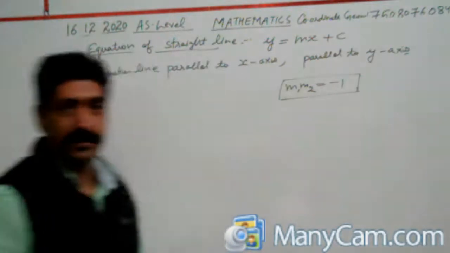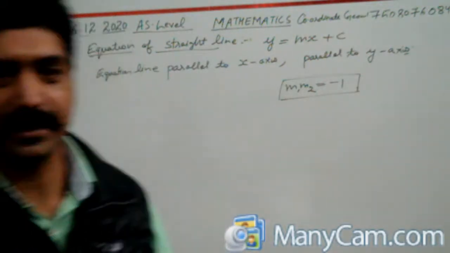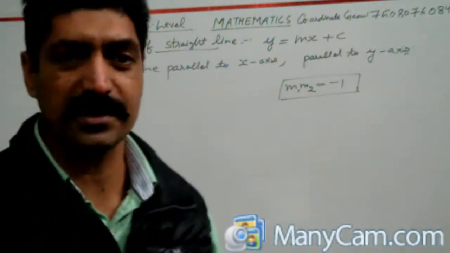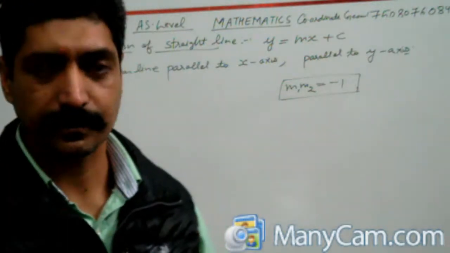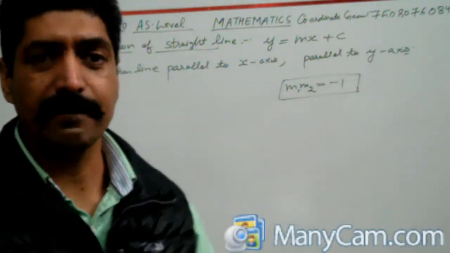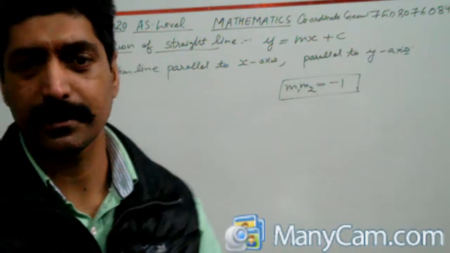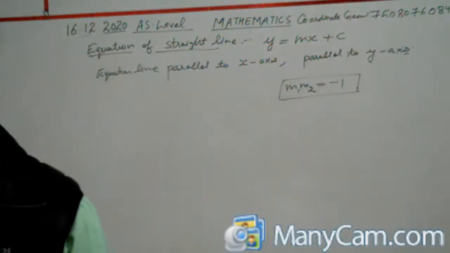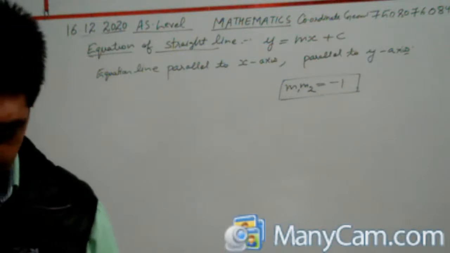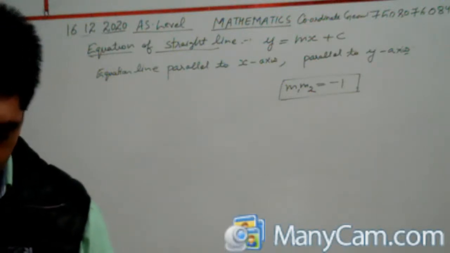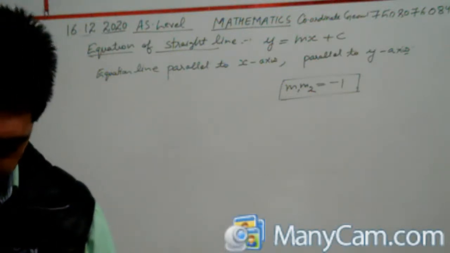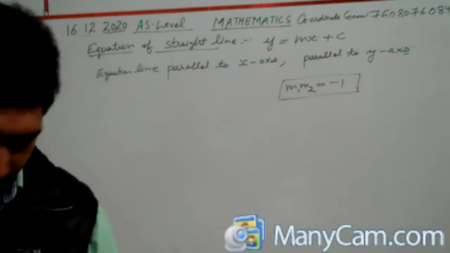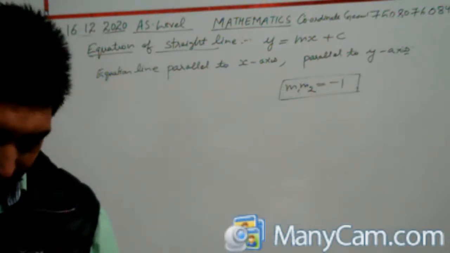If two lines are mutually perpendicular, then the product of their slopes is always -1. So we have discussed many ways of solving these equations. Let's discuss in chapter 3 the equation of lines.